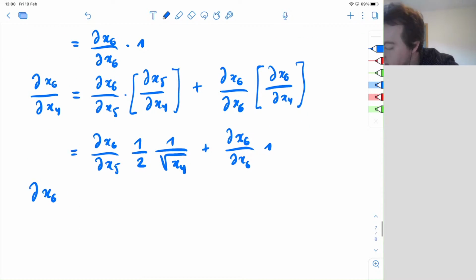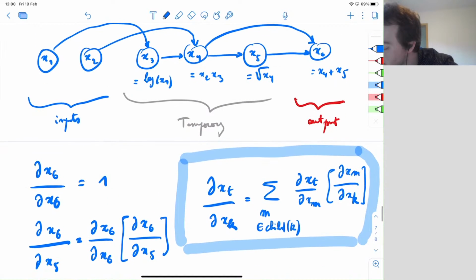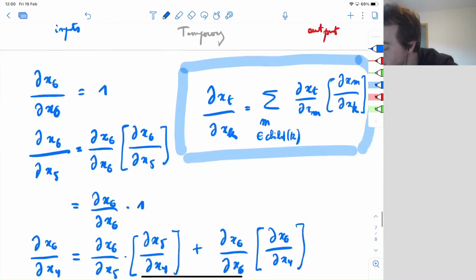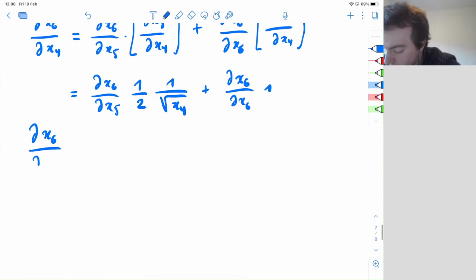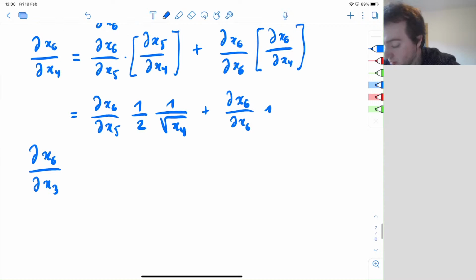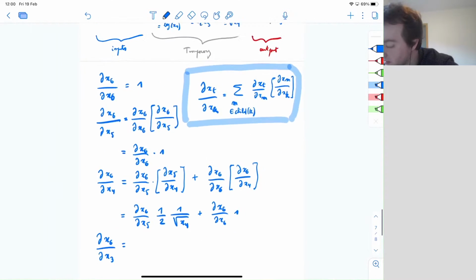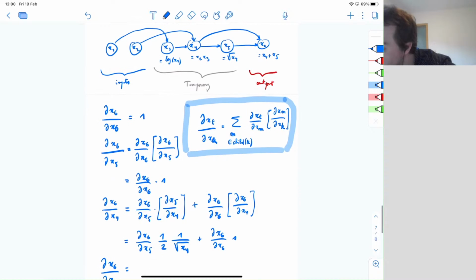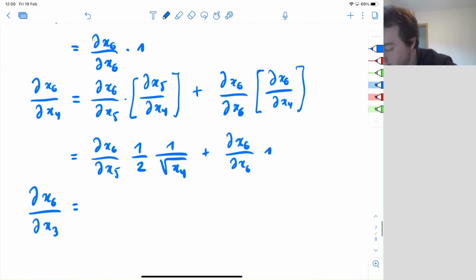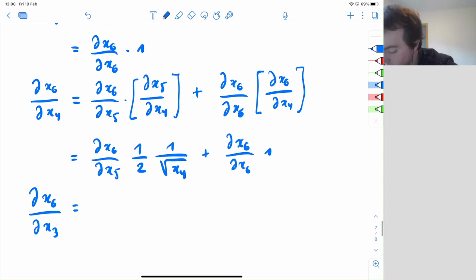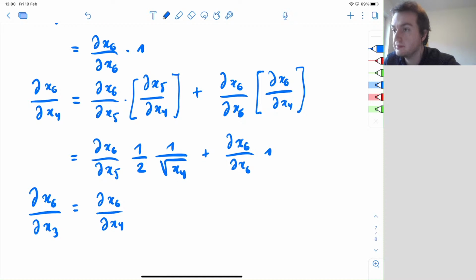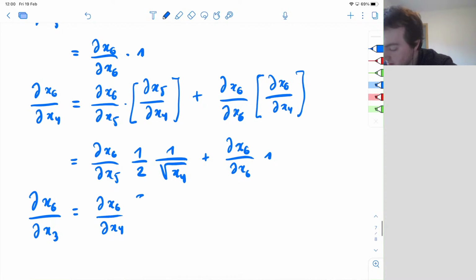Now, next one, which is x3. Boom, x3. x3 has only one child node, which is x4. So we will have x6 with respect to x4 times the Jacobian of x4 with respect to this variable x3, right?